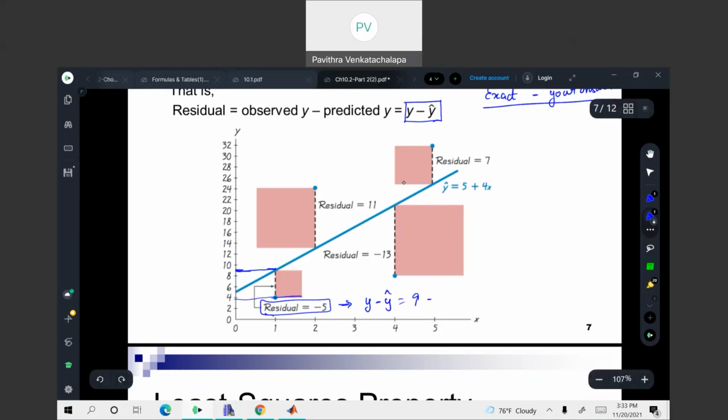Let's take near 4. Now this was your observed and this was your predicted. So 4 minus 9 was minus 5, because the line is predicted, and the data points which you see there are observed data points.